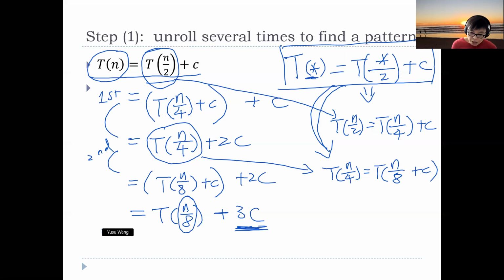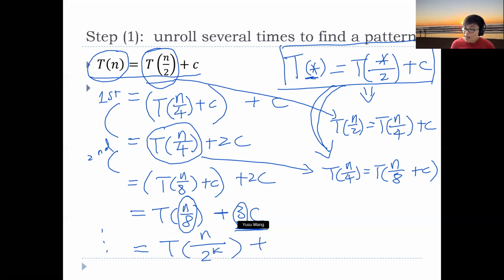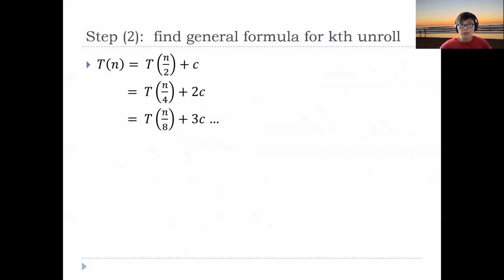So if I do this k times, every time inside it is divided by 2, and outside you add another c. So after k times, you have k times c. This is the first step, finding the unrolling pattern.